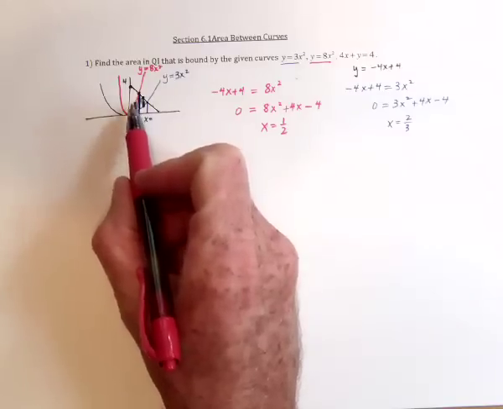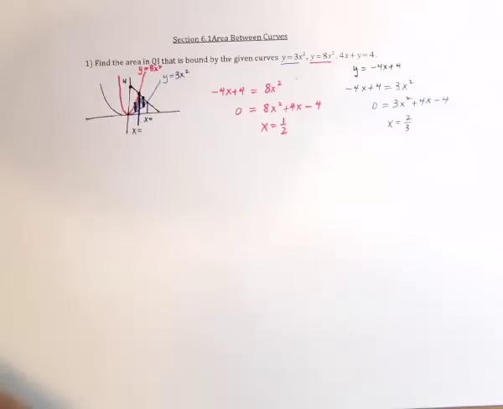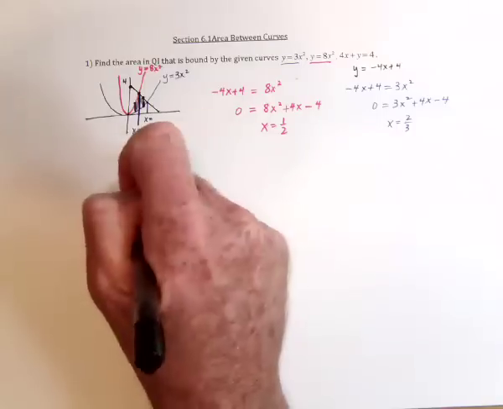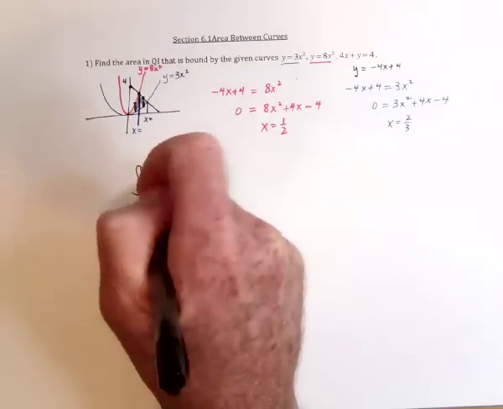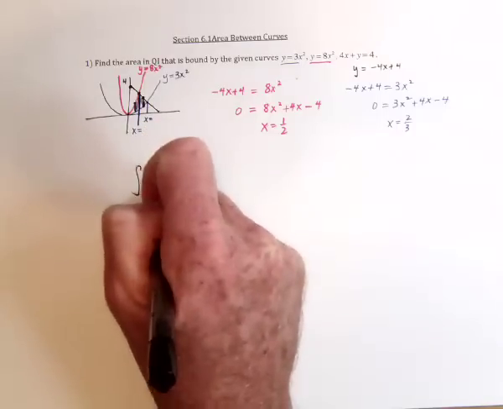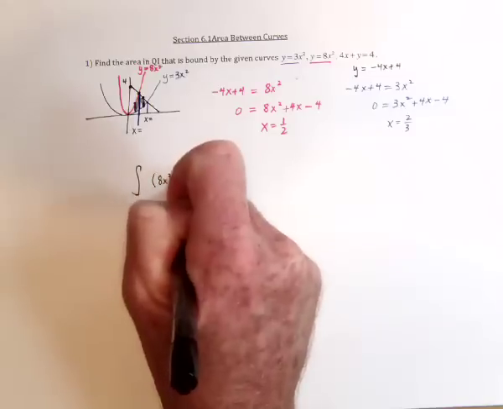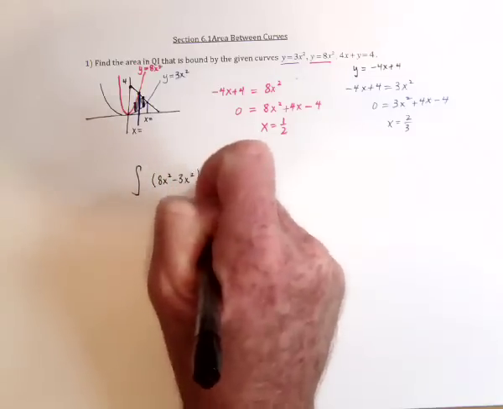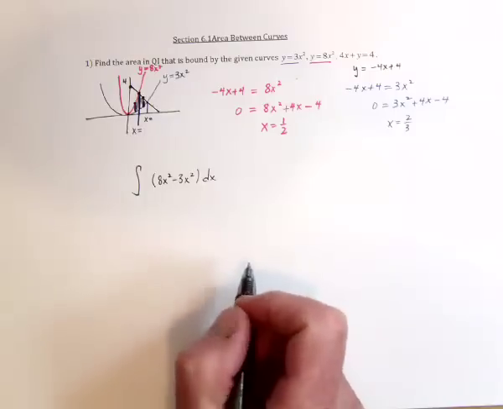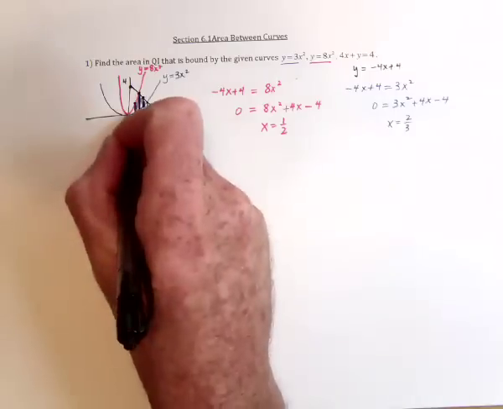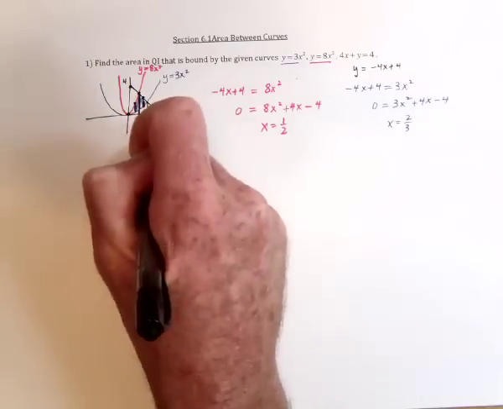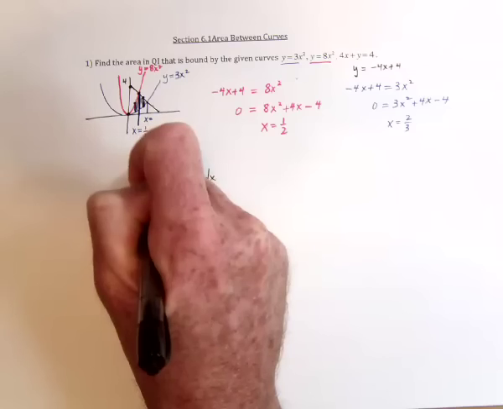It's going to be the red parabola minus the blue parabola. So we're going to integrate the top one minus the bottom one. So 8x squared minus 3x squared. And that's going to go from 0 to the first one we got, which is 1/2.